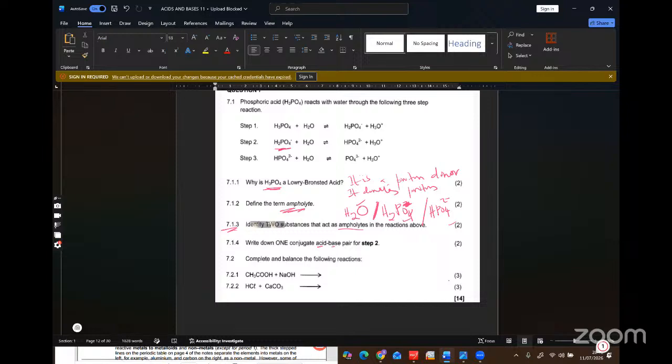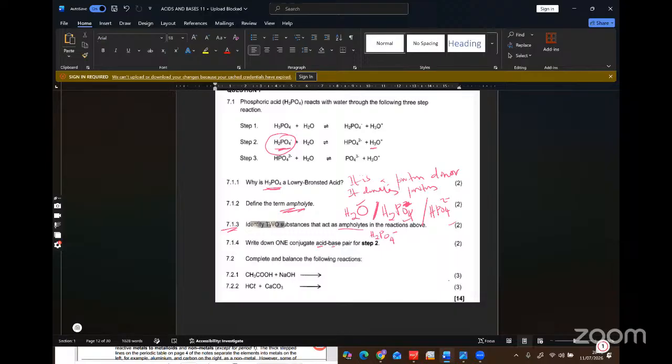In this case, water could also be, but if you look here, you see that the number of hydrogens in the water has increased. So the water is the one that is accepted, and this one is the acid. So your acid is going to be H2PO4 minus, and its conjugate base pair.